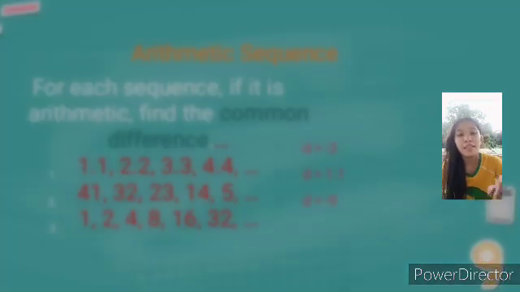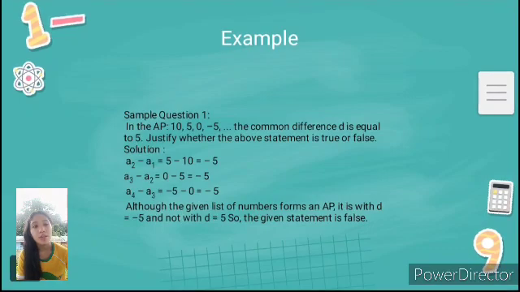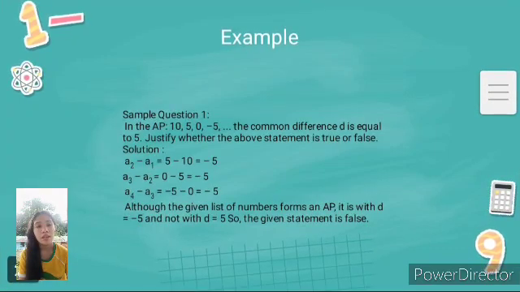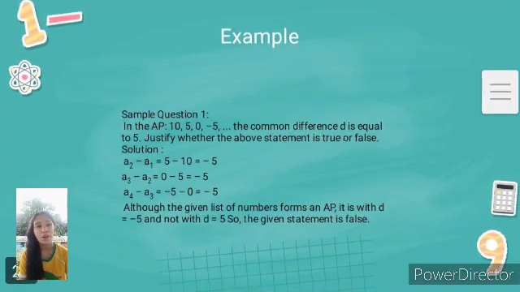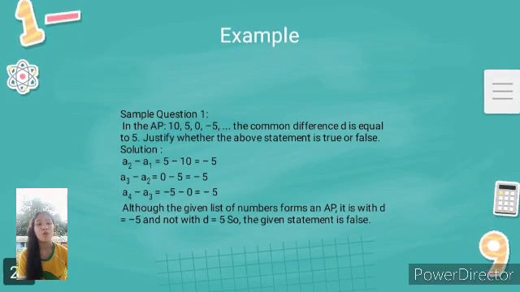Another example: in the AP 10, 5, 0, negative 5, the common difference d is equal to 5.